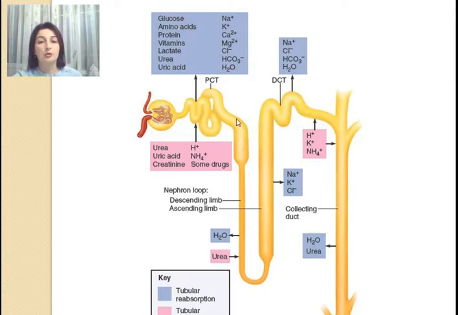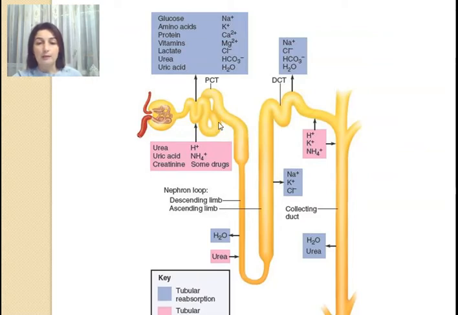Approximately 67 to 80% of these substances are absorbed in the proximal tubules. Also, 100% of proteins, amino acids, glucose, and vitamins are absorbed in proximal tubules.